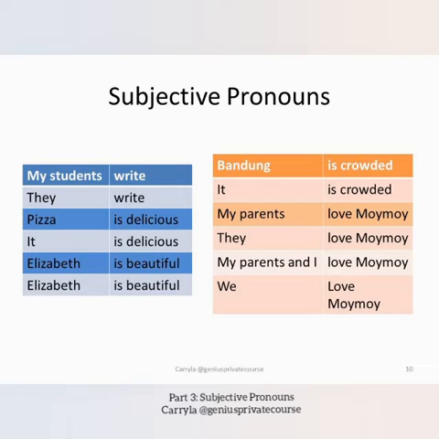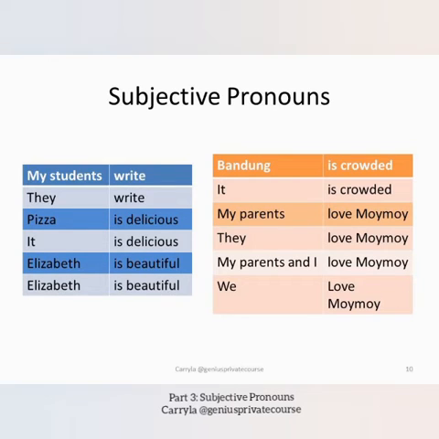It's only one, so it can be changed into it is delicious. Elizabeth is beautiful. I'm so sorry, harusnya bukan Elizabeth lagi, tapi she is beautiful. Next, Bandung is crowded. Bandung, the name of place, the name of city, so we use it is crowded.